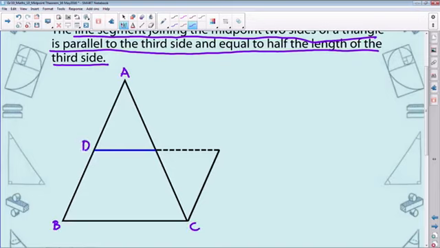Then let's label this line DE, and because I've extended it, I'm going to make that F. So I have constructed that extra triangle. Okay, now I need to prove that these two things are parallel. So I'm going to start by working with two triangles. I'm going to start with triangle ADE and triangle EFC.